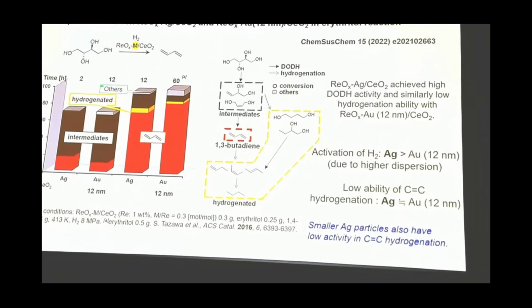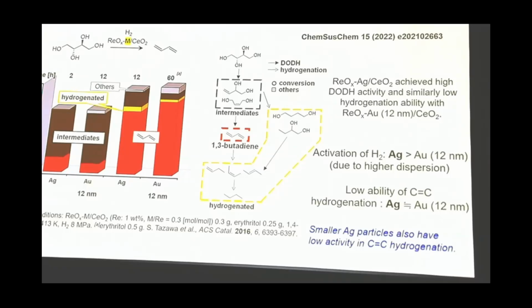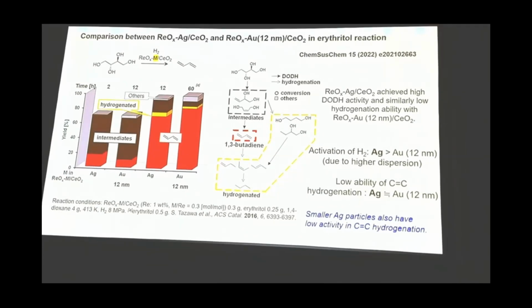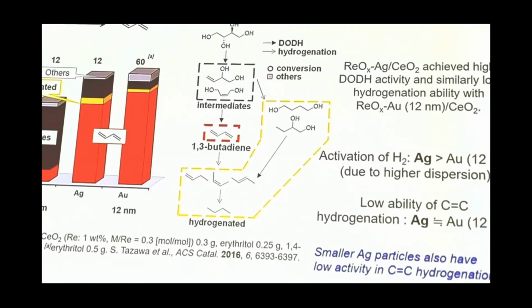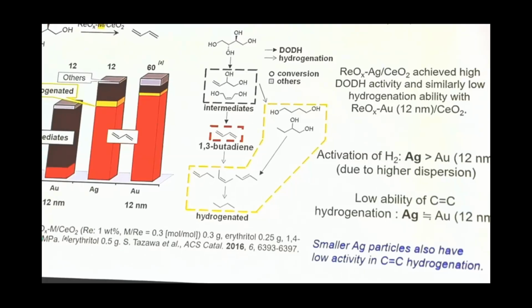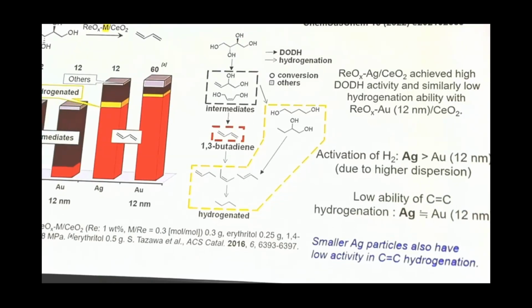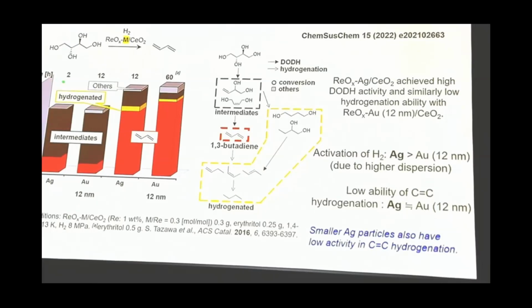This is the reaction time. We would like to compare the selectivity at similar conversion levels. Therefore, the reaction time is adjusted. The selectivity of the products is very, very similar. On the other hand, the reactivity is so different. The activity of the silver catalyst is clearly higher than the gold catalyst.